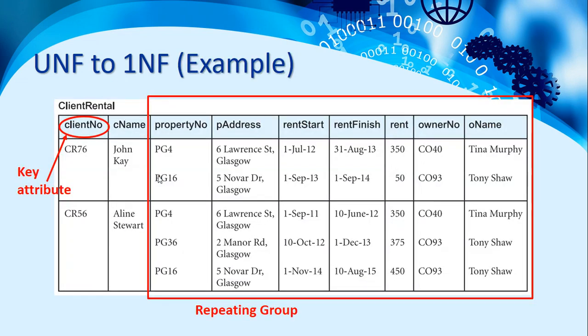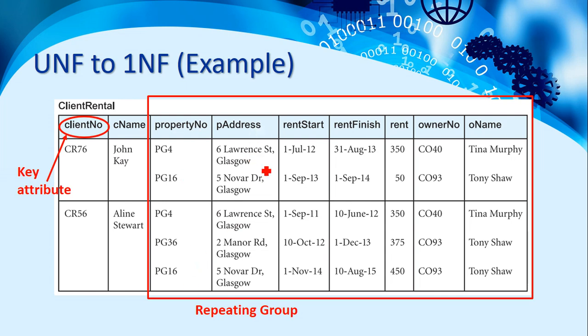Going back to the earlier example, these are our repeating groups, because, as I mentioned, these attributes contain two or more values.